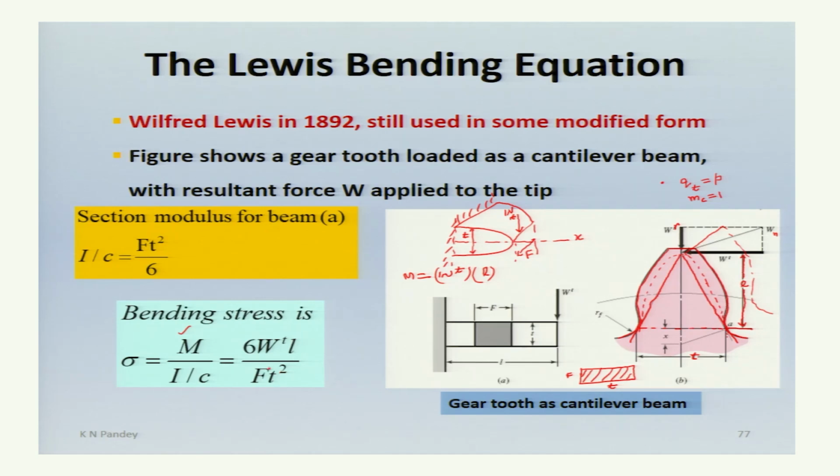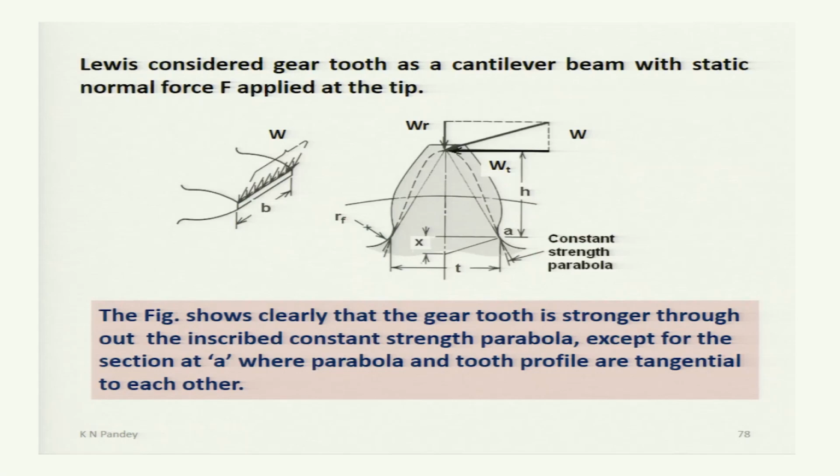Now this terminology, T divided by L, T is the thickness, is the criteria for a beam of uniform strength. So for a beam of uniform strength, the relationship is that x divided by t square should be constant. We will see later on. Now Lewis considered gear tooth as a cantilever beam with static normal force W, or Wt.